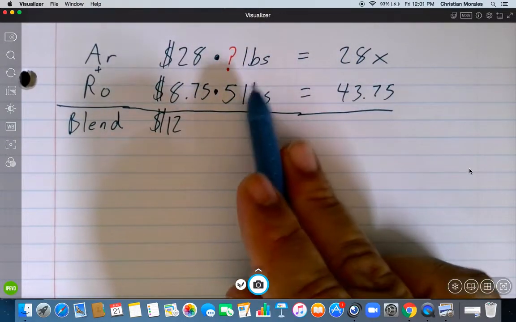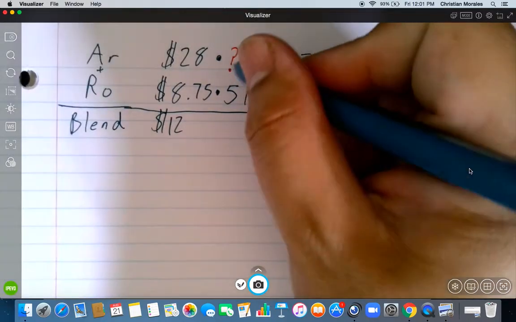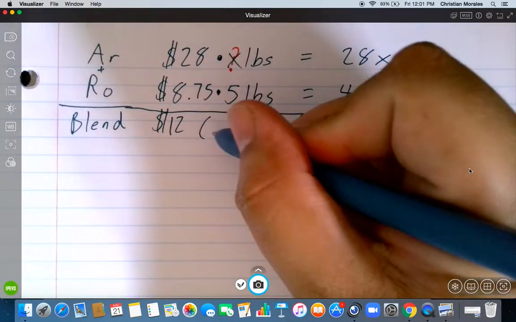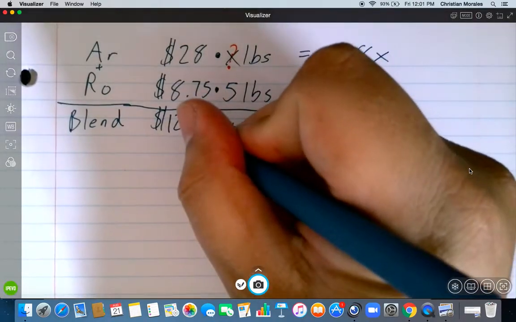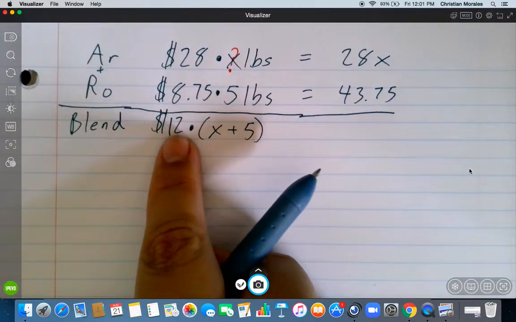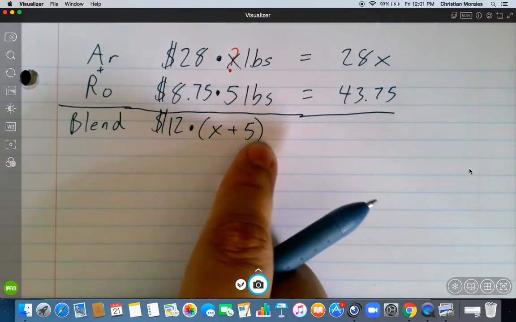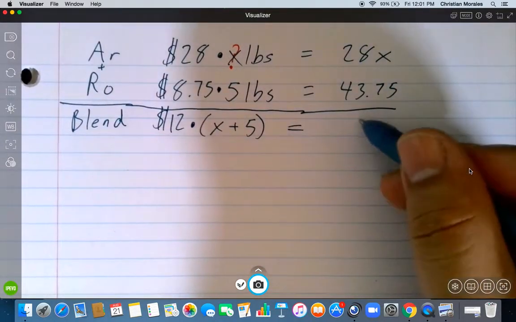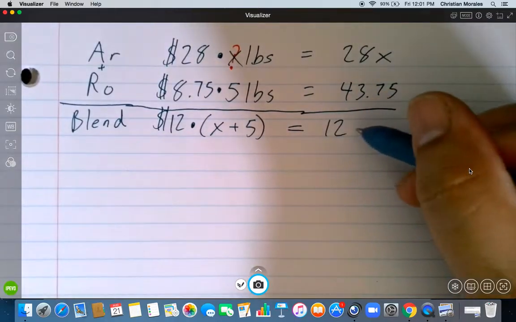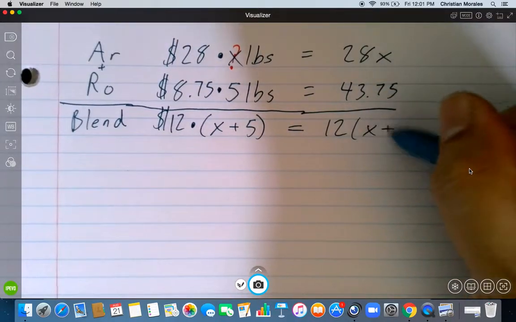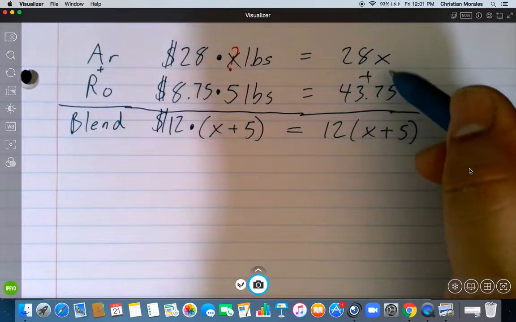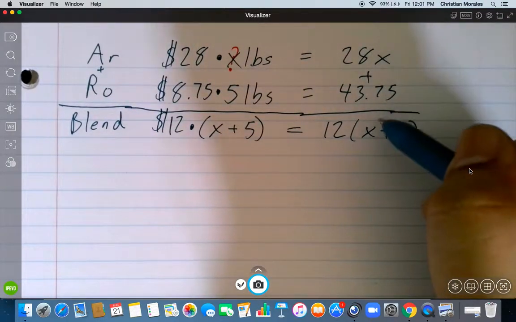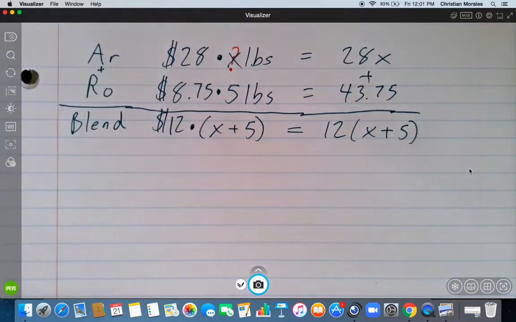But if I label this as X, and I have a total combined pounds of X plus 5, I can multiply the blend price times my mixture to get 12 parentheses X plus 5. And if I add these two together, I would get the same value as selling the blend. So how do you write this as an equation?